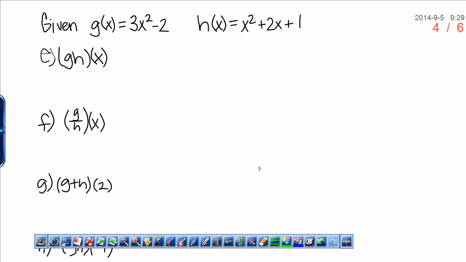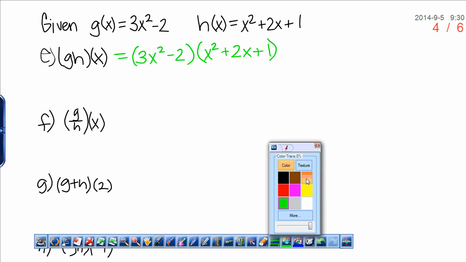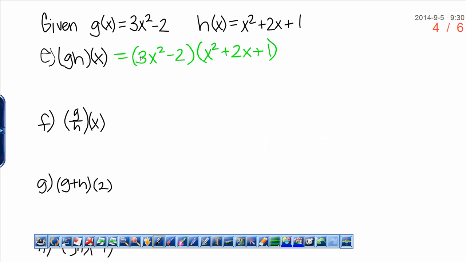So what does that tell us we're going to do? g of x times h of x. Okay. What do we do? Okay, how would we multiply? Good, we're going to double distribute.